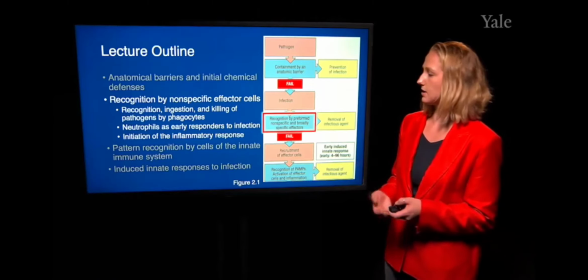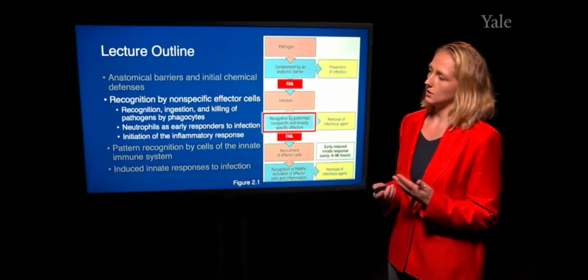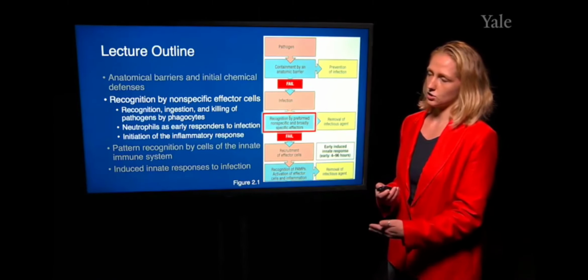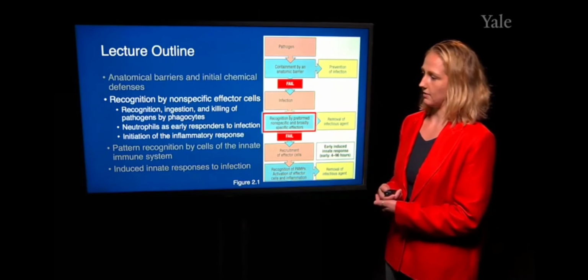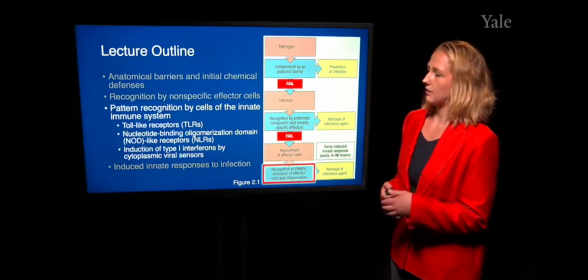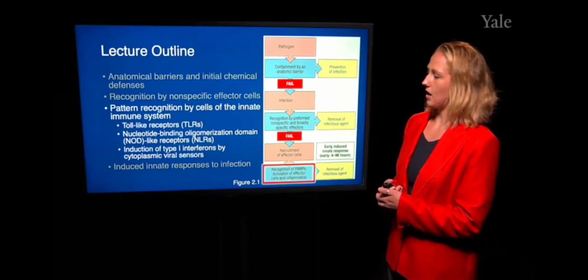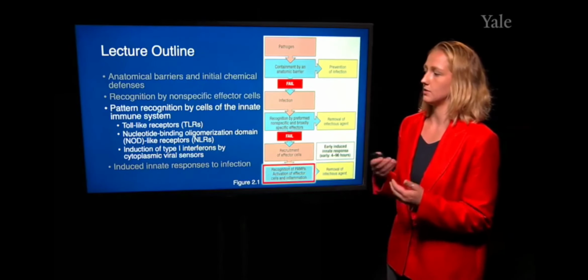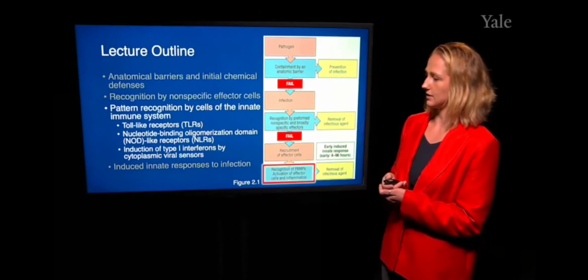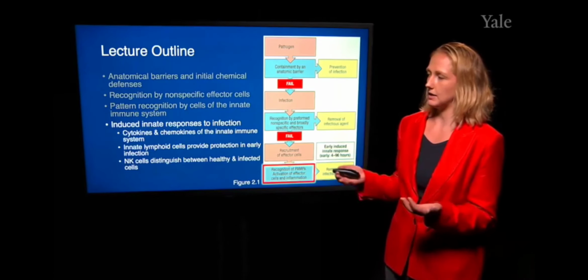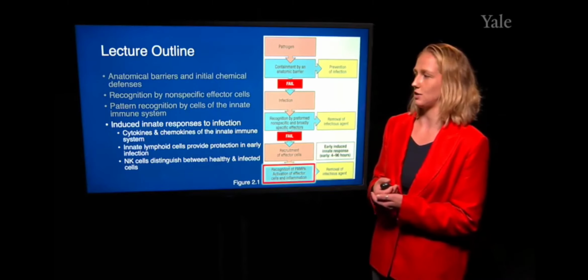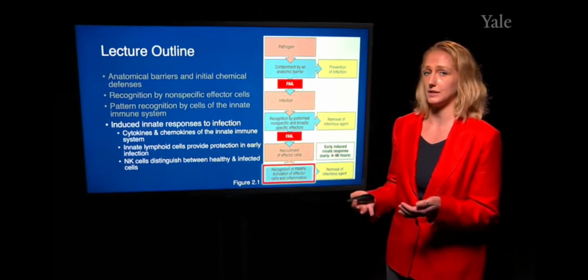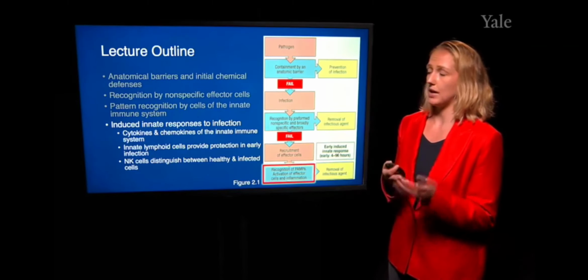And if these initial effector cells are unable to clear the infection, then we have pattern recognition of the incoming pathogens by our TLRs, NLRs, or cytoplasmic viral sensors. We also have induced innate responses to infection, such as the chemokines and cytokines that are produced, and the function of ILCs and NK cells.